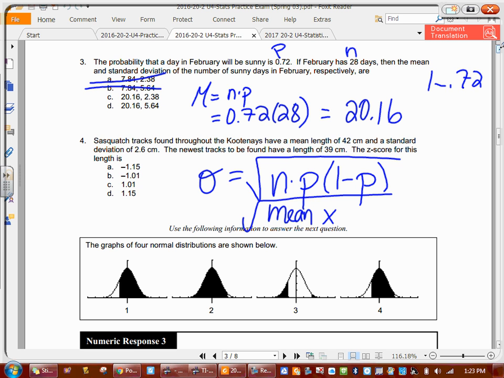0.28. So mean times 0.28. So what's our mean, guys? 20.16. So in your calculator, under the square root sign, you're going to go 20.16 times 0.28. All under the root sign. And then square root it. What are you going to get?